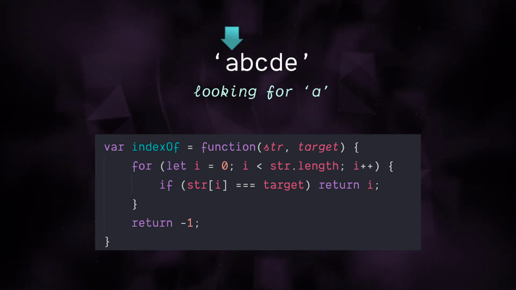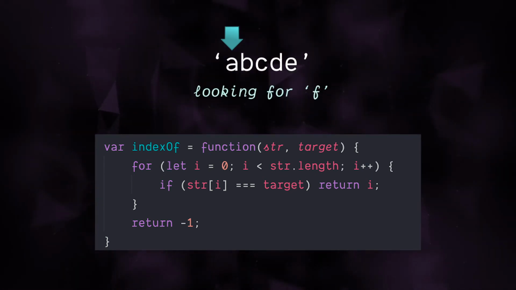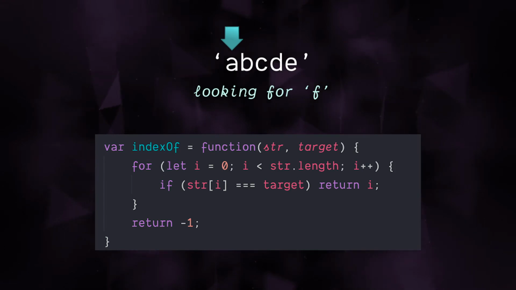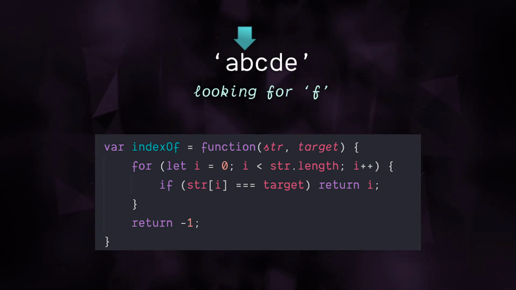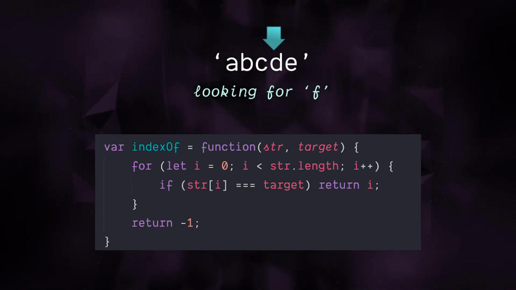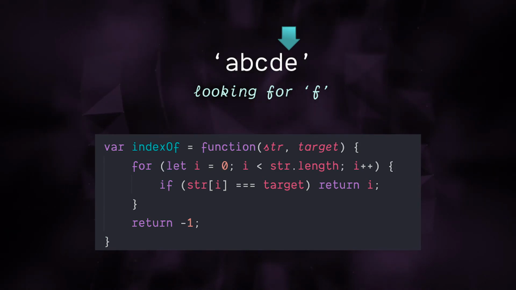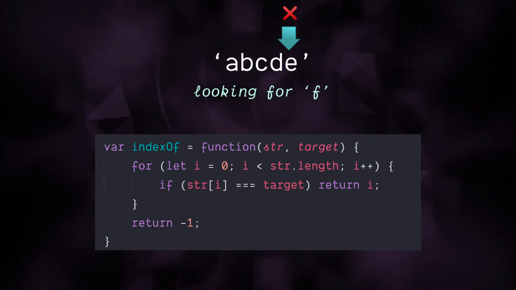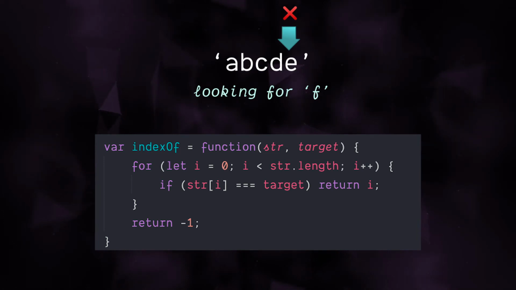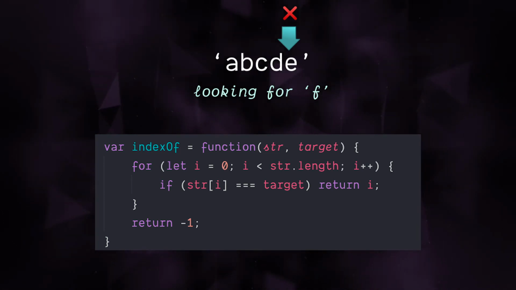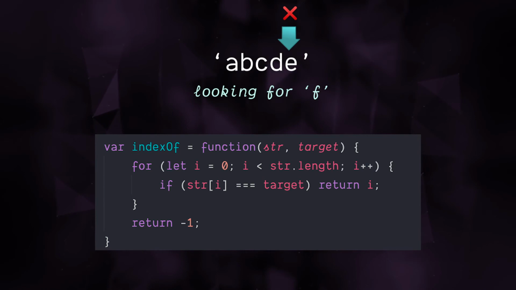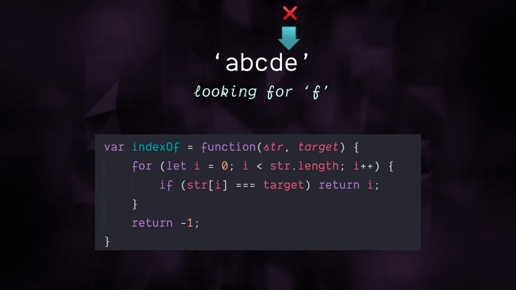But on the other end of the spectrum, if the character we're looking for is not in the string at all, then we're going to have to individually check every character before knowing that it's not in there. So for this string, we would need 5 ticks or 5 equality checks, which is equivalent to the size of our input. And this is what we call our worst case.